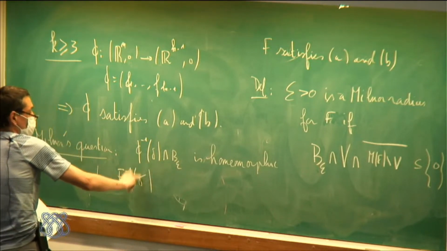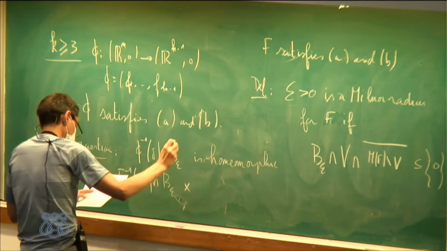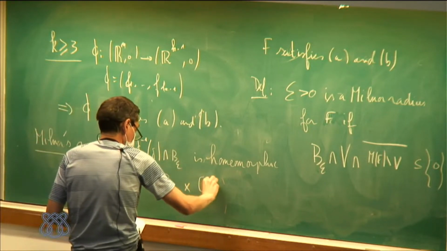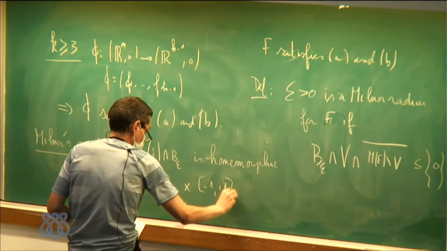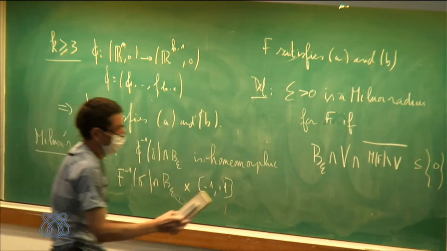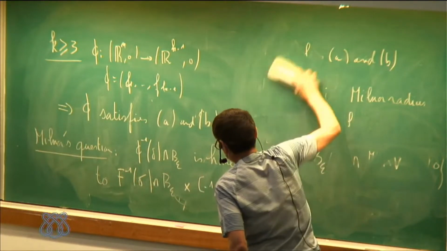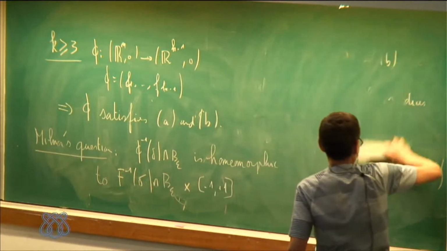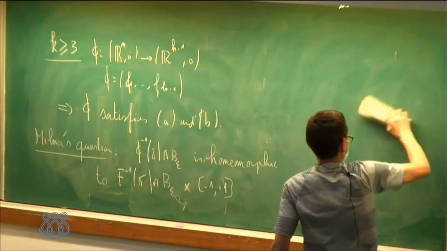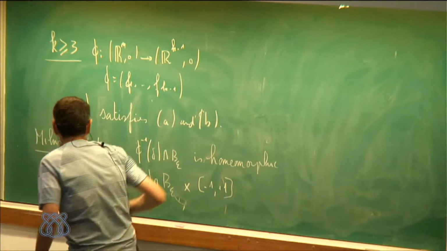So it is not the same delta, but times the interval minus 1, plus 1. Okay. So this is true. It was answered in the case of isolated singularities.